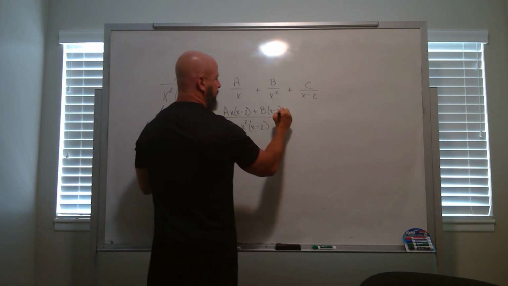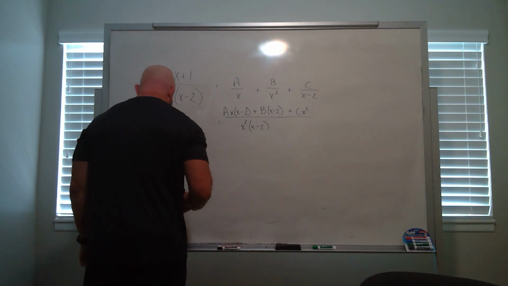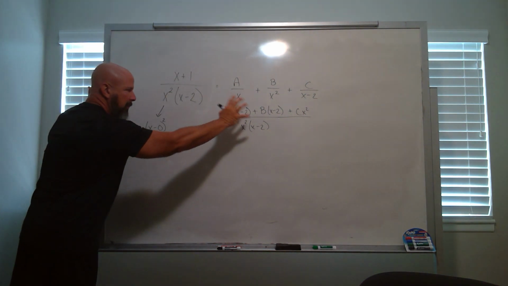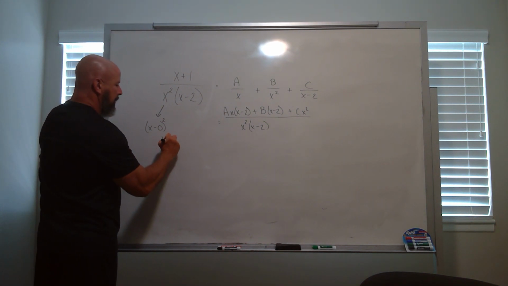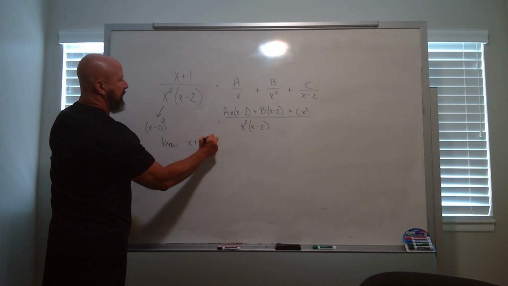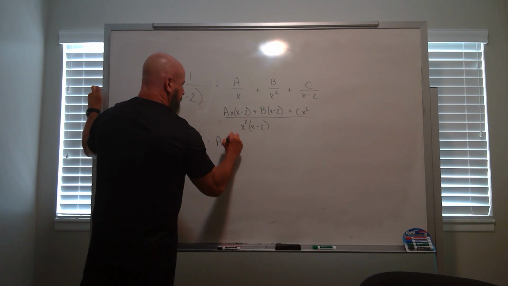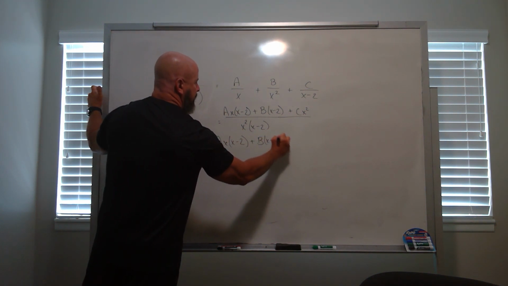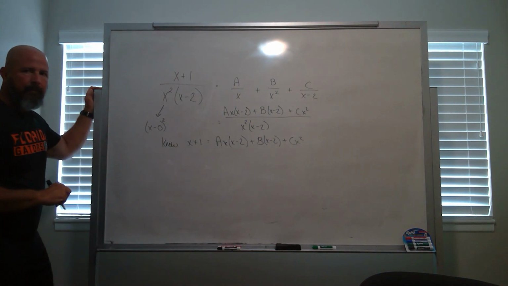This one's got the x minus 2, so C times just the x squared. So our original fraction, with our A, B, and C, what we know now is that this numerator, x plus 1, has to equal Ax times x minus 2 plus B times x minus 2 plus C times x squared. It has to equal that numerator.